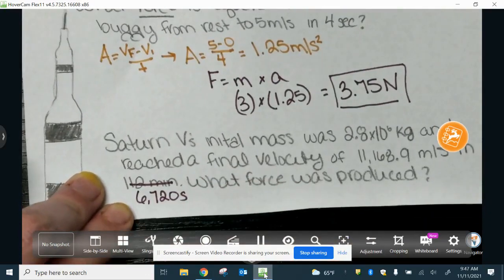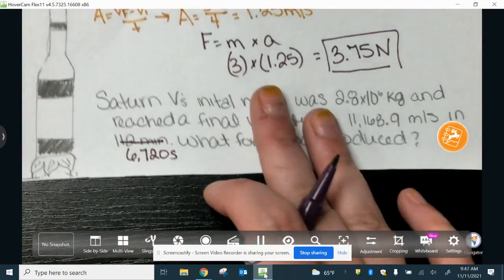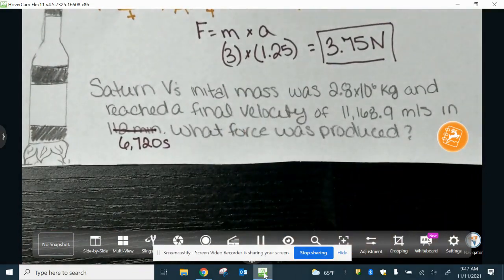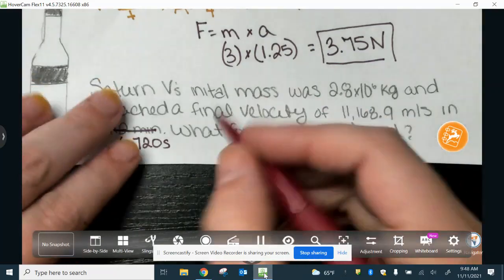Oh, no, not this. It's okay, that's the only converting we have to do. Now we're going to find that acceleration. Did you do a equals?